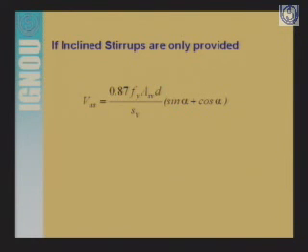For this case, you can easily determine the shearing resistance by using this formula VUS equal to 0.87 Fy into ASV into D upon SV into sin alpha plus cos alpha. So this is the shearing resistance when only inclined stirrups are provided. So that way we see the three different cases.